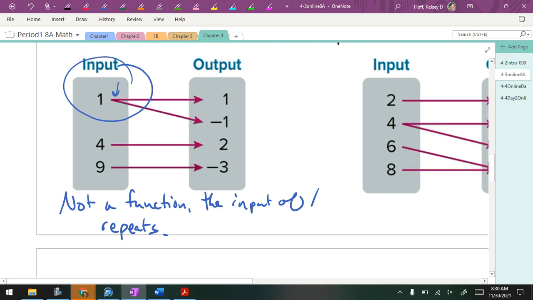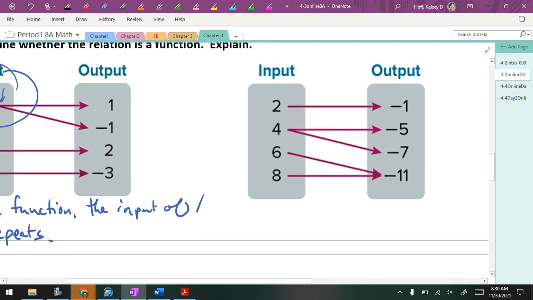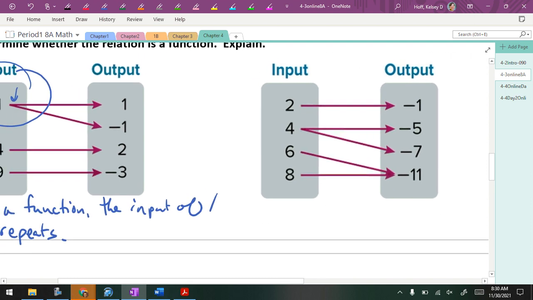So if we look at the bottom right, again, don't say your answer out loud, but everybody get your answer. If I slide over here, how many of you say yes, function? How many of you say no, not a function? Zayden, why not?